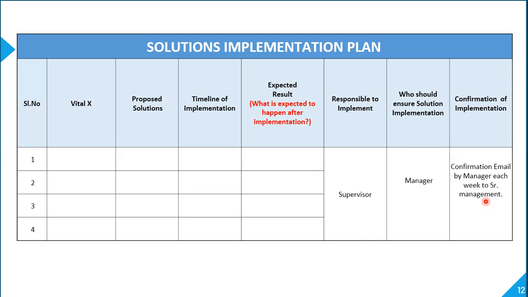But until and unless we implement them, we are not going to get a result out of it. And that is why the solution implementation plan is very important. What needs to be taken care of, what is expected out of it, who is responsible to implement, who is accountable, and what is the proof of implementation. So all these factors or parameters will be there in the solution implementation plan. Let's go to the next slide.